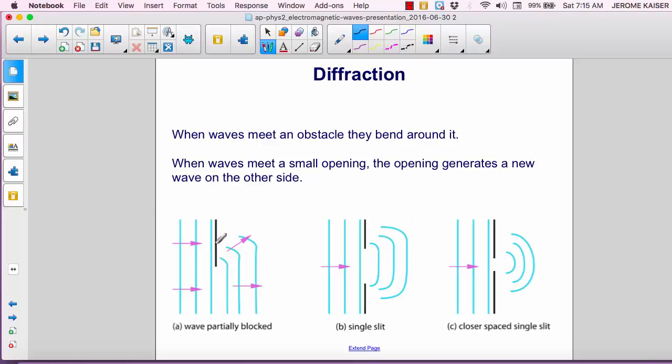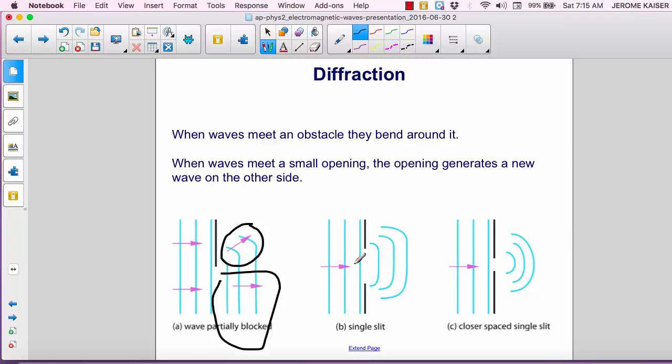In the first case, we have a partial barrier here on the left, and we can see that the wavefront generally remains straight as it is here at the bottom part, but we have a curved wave that is generated off the top and moving to the right.